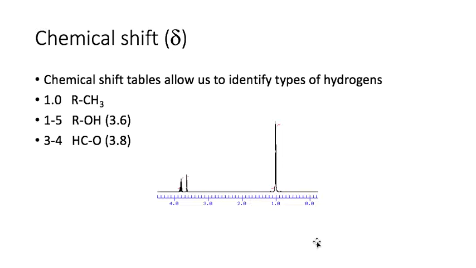So first of all, different chemical shifts go with different kinds of groups. And you have a data table for that, so you'll use that. I've got some reasonable ranges here. So this peak here at 1.0 is pretty indicative of hydrogens that are on a carbon that has no more than 1 carbon attached to it.